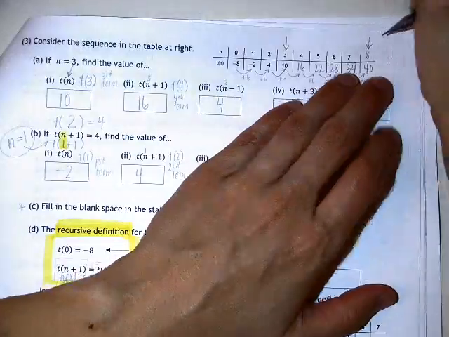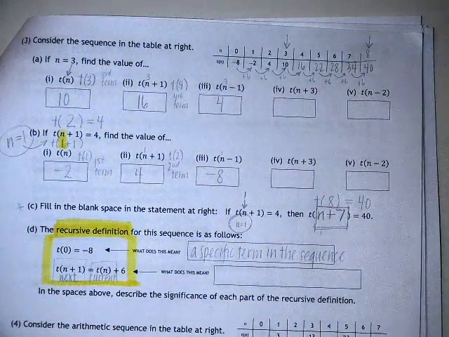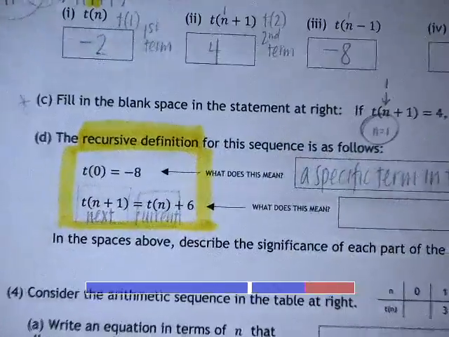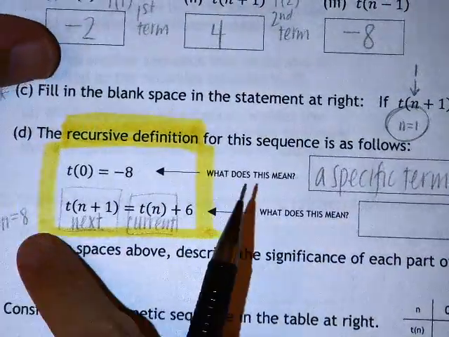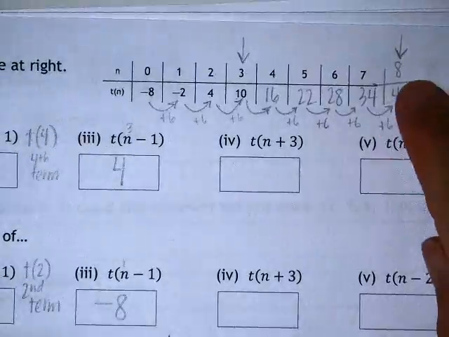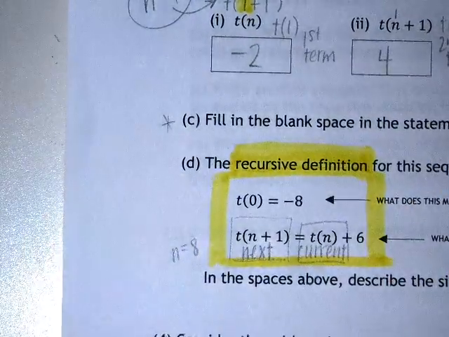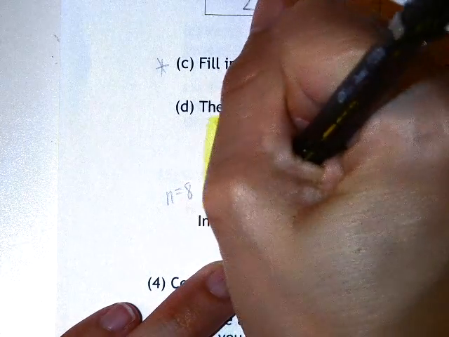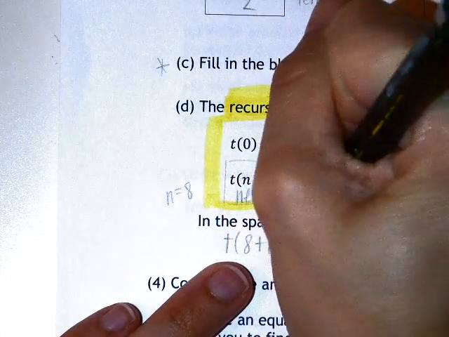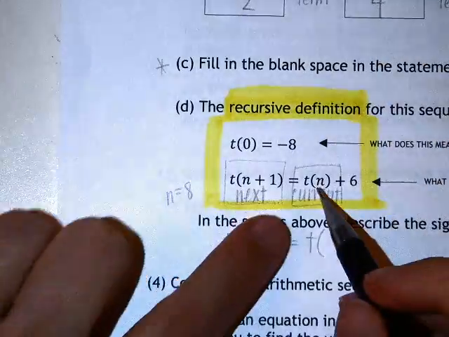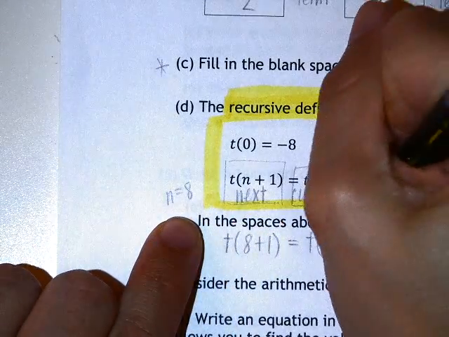Let's say I'm currently at 8. If I'm currently at 8, you can think of this almost like a formula. Let's assume n equals 8. That's the term that I'm currently at, and I want to get the next one. To get to the next one, we would say t of 8 plus 1 equals t of 8 plus 6.